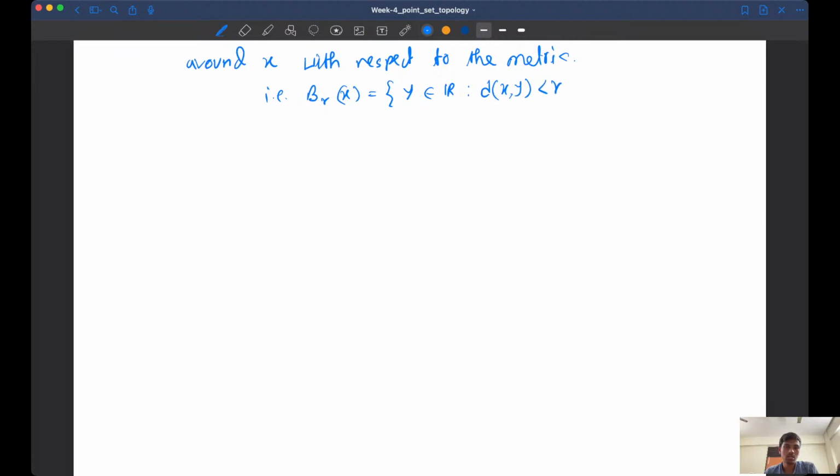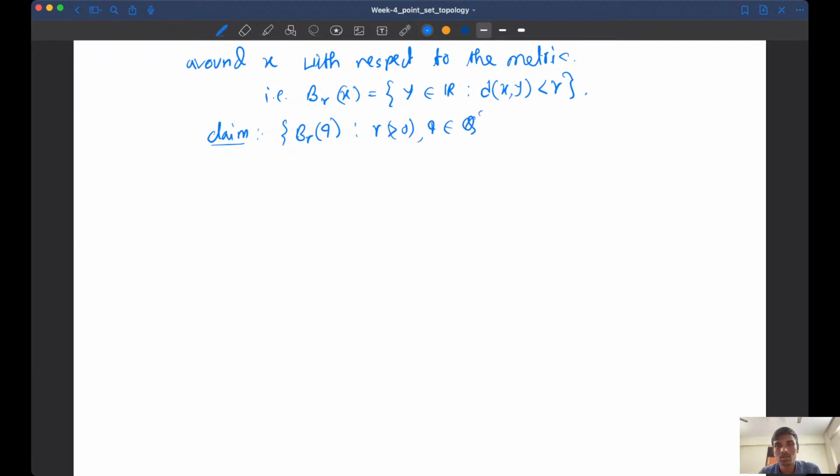Okay, so the claim is that you consider all these B_r(q) such that r is greater than 0 and q, these are rational numbers.